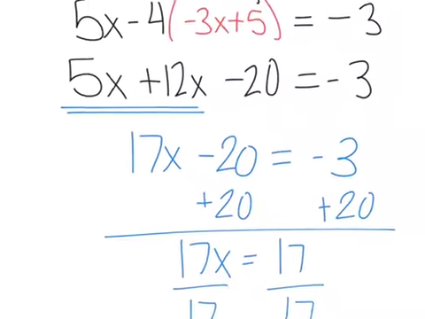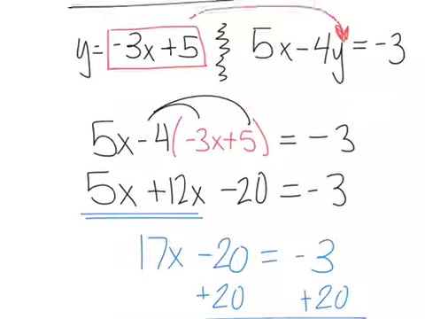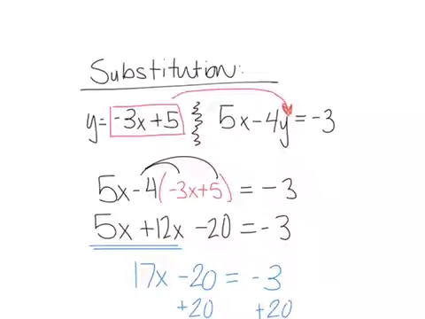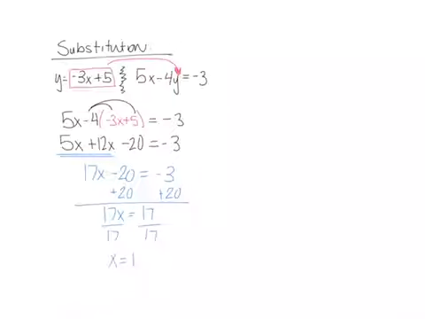Again, I need to go back to my top equations and plug x into one of these equations. This equation is much easier than the second one because it already has y by itself. So I'm going to choose that equation off to the side here. And using that first equation, I'm going to write y equals negative 3x plus 5.